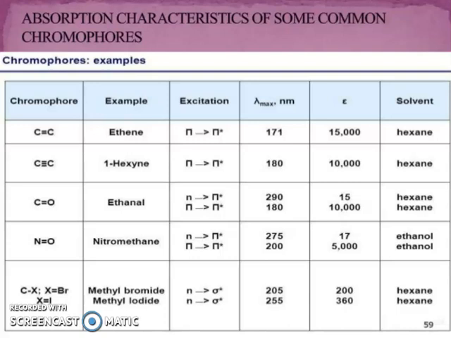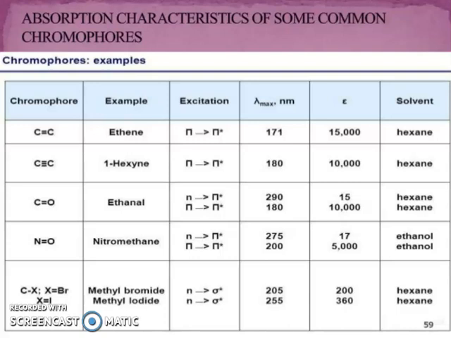Carbon double bond oxygen chromophore, example ethanol, excitation n to pi star and pi to pi star, lambda max 290 and 180, epsilon 15 to 10,000 and solvent hexane.